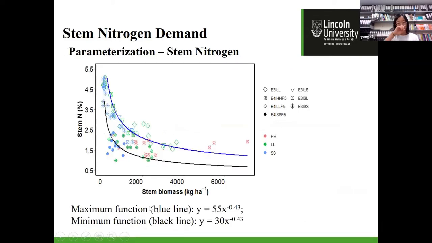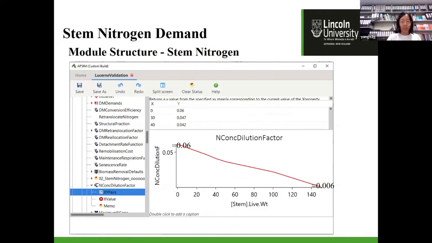The stem nitrogen dilution curve showed a similar curve to the shoot nitrogen concentration. The shoot nitrogen dilution curve was more contributed to by stem nitrogen changing rather than leaf nitrogen changing over time. So here's how we model the stem nitrogen concentration in the stem organ.